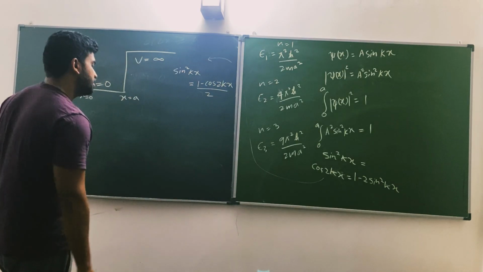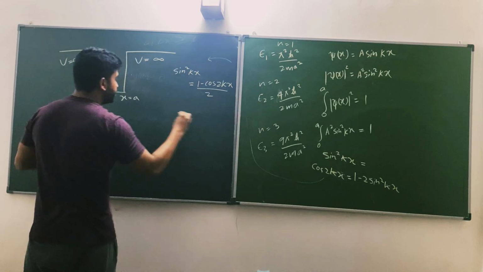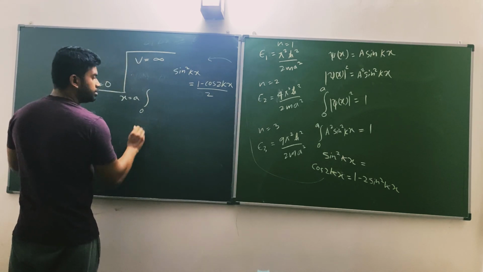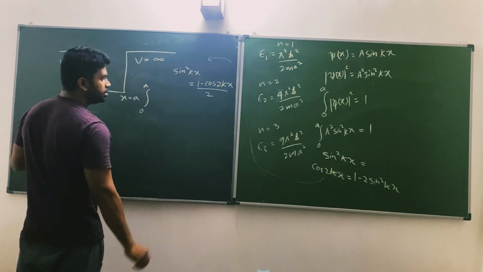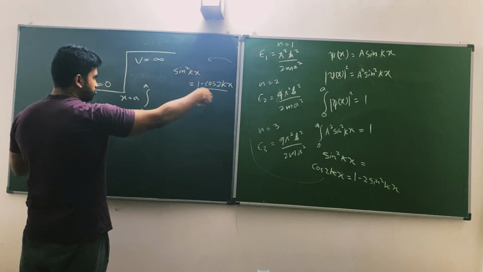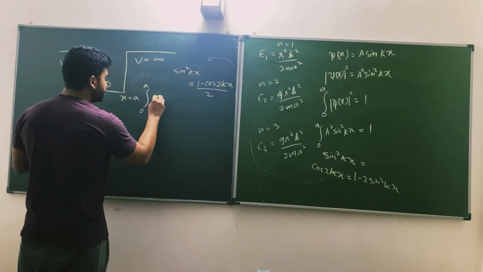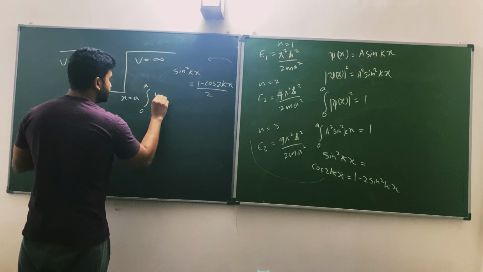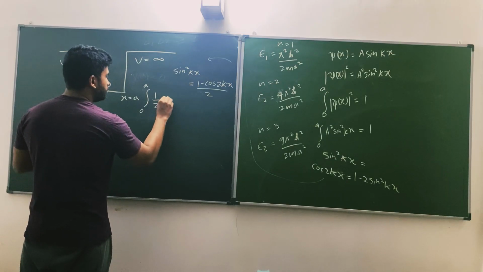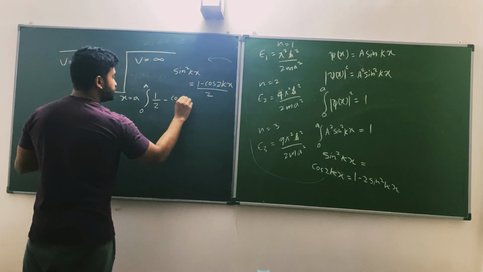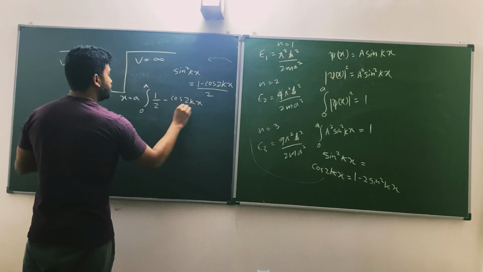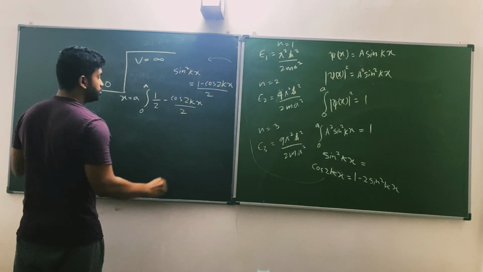Interesting. What if I substitute over here now? So now it's a clear 0 to a. It's a clear cos relationship here I can end up with. So that's one half minus cos 2kx over 2, right?